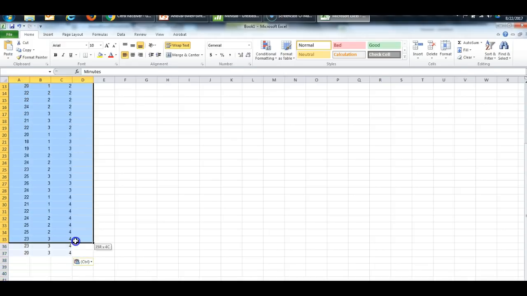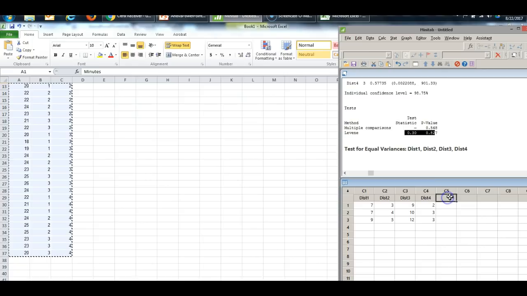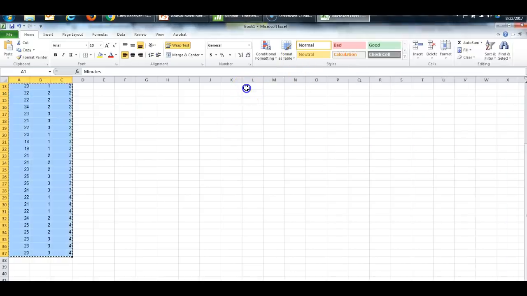I may need to open up Minitab again. I may have just kept it not functioning for too long. Nope, that worked. So I transferred it from my PowerPoints into Excel, from Excel into Minitab, and that seemed to do much better.